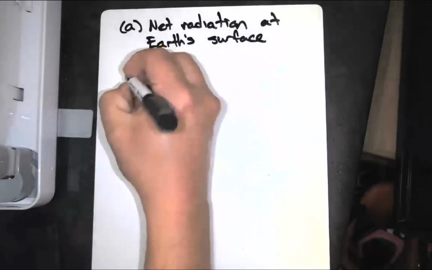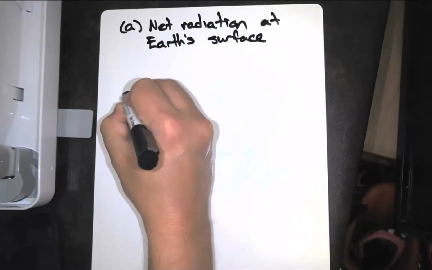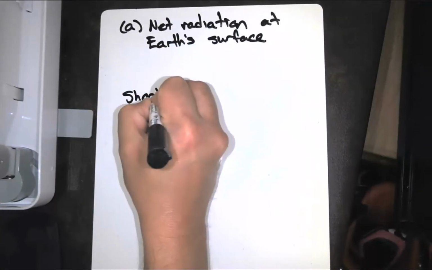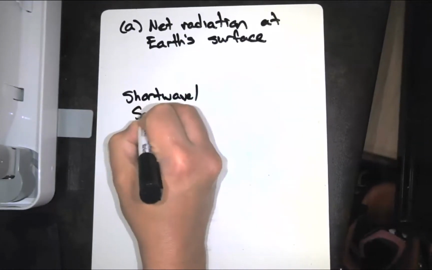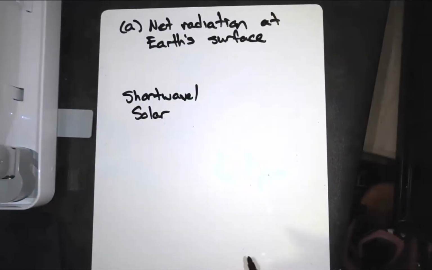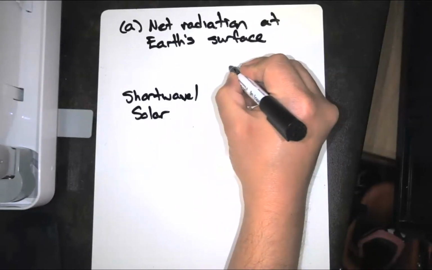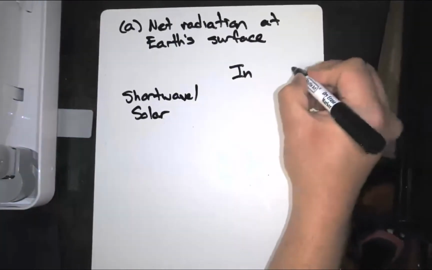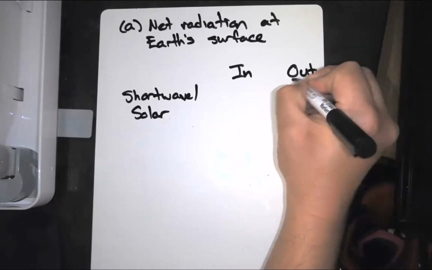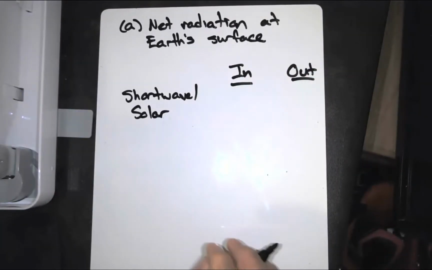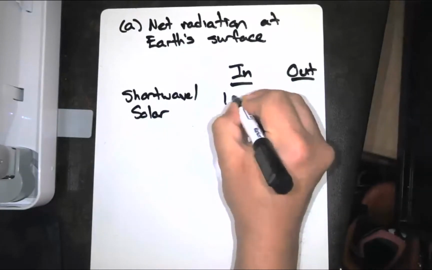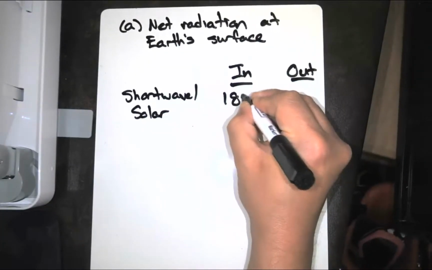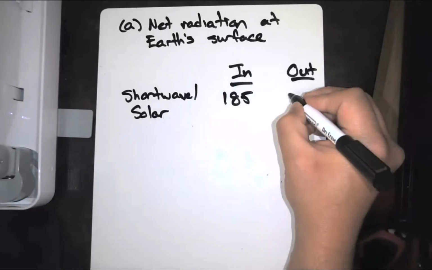So if we do shortwave or solar, and we look at the influx and the outflux, coming in we have 185 watts per square meter.